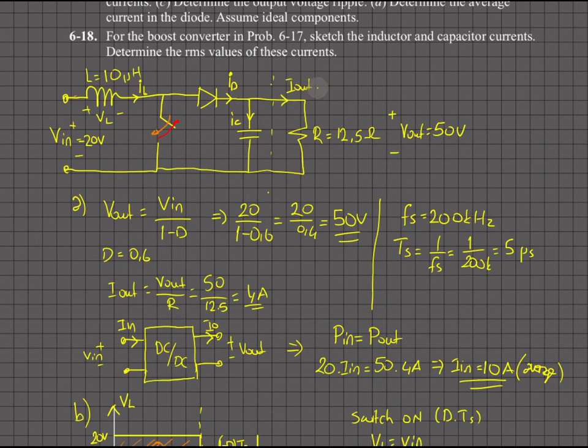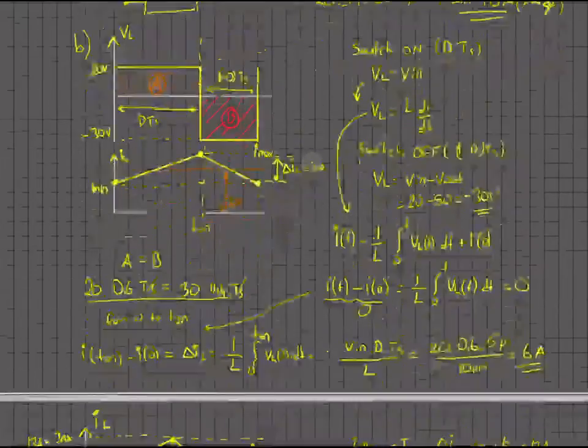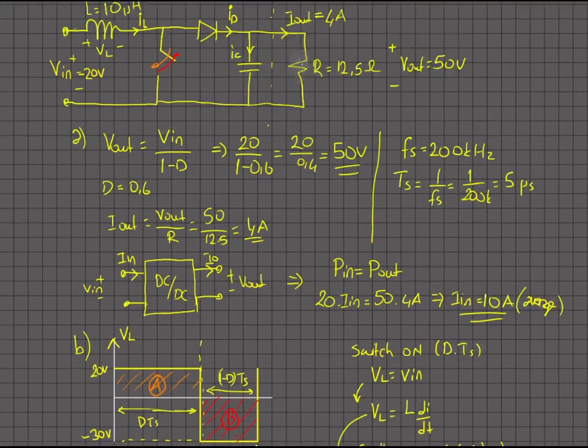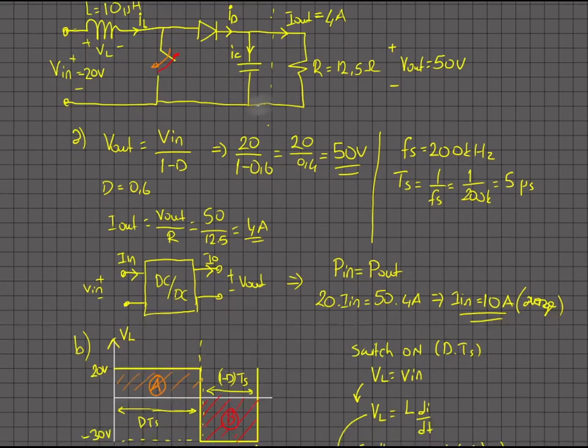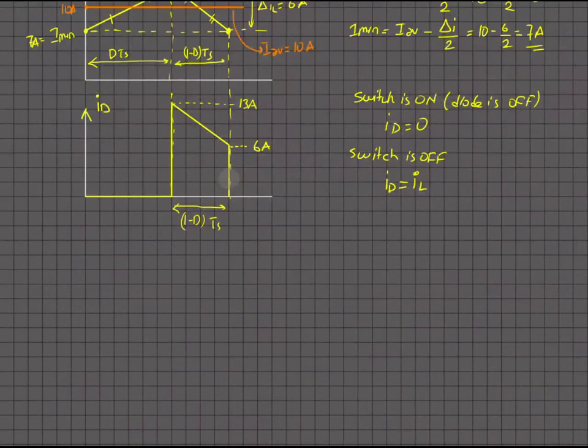Then what is my output current? Output current is constant 4 amps. So it will be like 4 amps going on here. Whenever ID is larger than 4 amps, it will charge the capacitor. Whenever it is less, the capacitor will discharge. So let me draw, let's make it orange again. It is somewhere here, right?